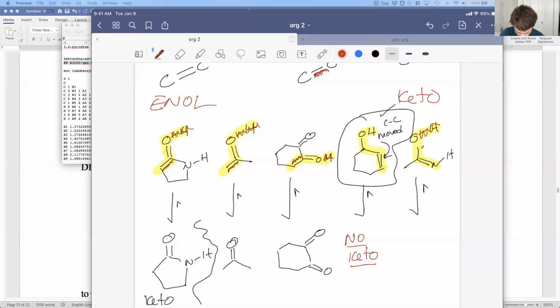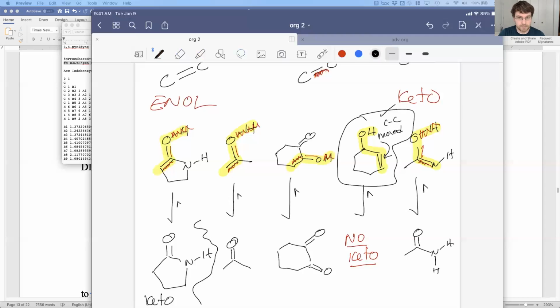Cross out here the carbon-oxygen double bond, cross out the carbon-nitrogen single bond, and we get to a structure where the nitrogen now has two hydrogens and the oxygen has a double bond. That's just like an amide or something. So I want us to get good at drawing and converting enols to keto forms.